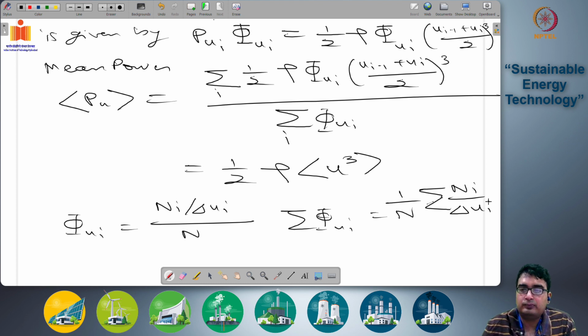So for the specific case when all the delta u are equal to each other, that is delta u1 equal to delta u2 equal to delta u3, this delta u can be taken out and these two cancel and you get 1 by delta u. So this term just becomes into delta u. All right, so this gives you an idea of how from anemometer readings of velocities you can evaluate the mean power and mean wind speed distributions.